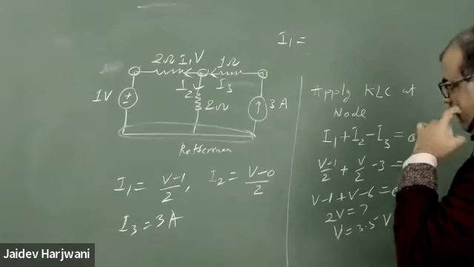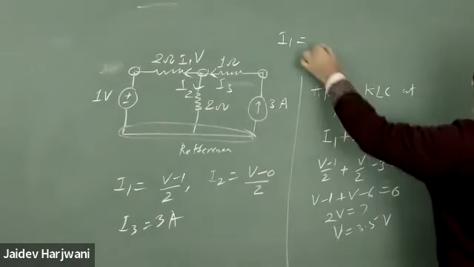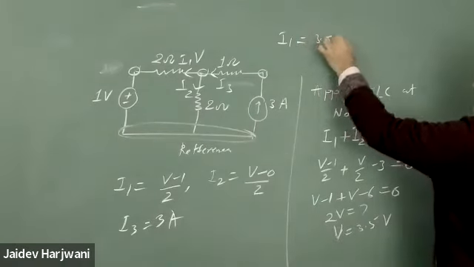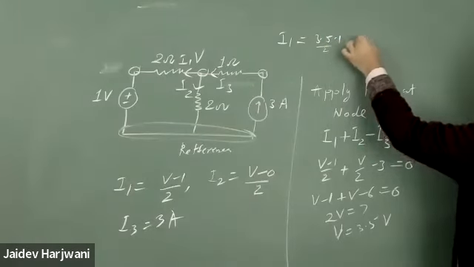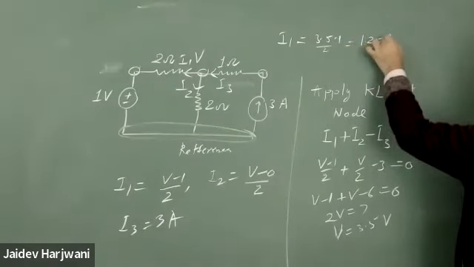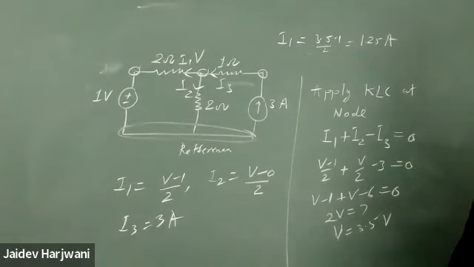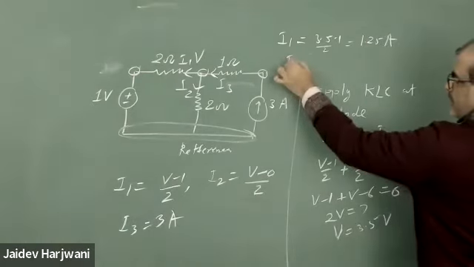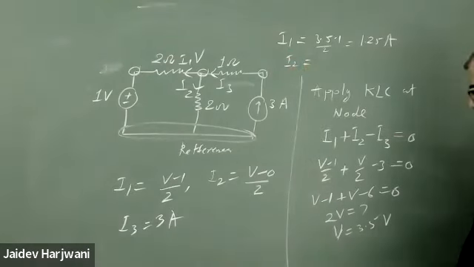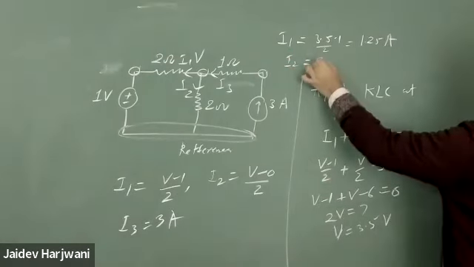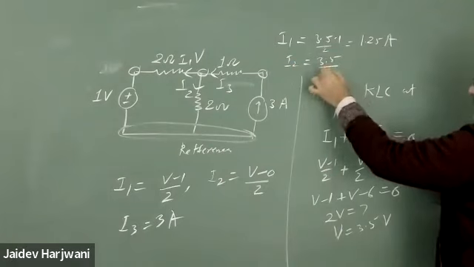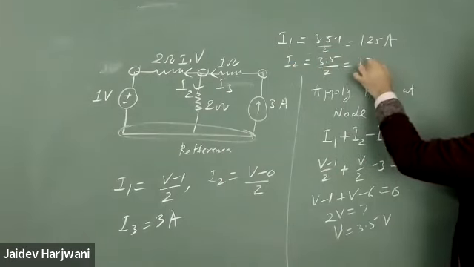Now you can write the current I1 as (3.5 minus 1) by 2. How much will it come? 2.5 divided by 2, that is 1.25. I2 will be V by 2, 3.5 divided by 2, that will be 1.75.